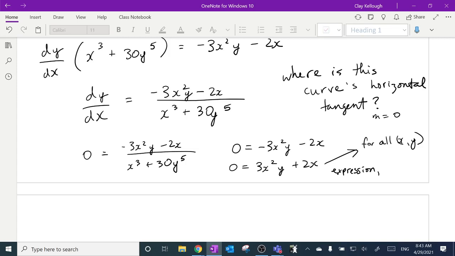How about for all x comma y that satisfy this expression, the slope would equal 0. So there you go. That's the kind of math you can do with things like this.